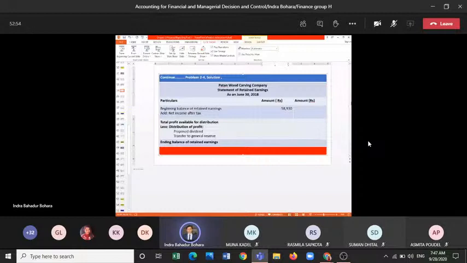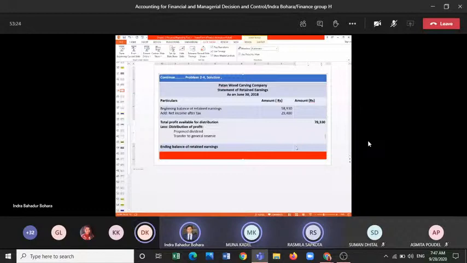Then their sum is written in the total column. It is 88,330. Yes, 88,330.